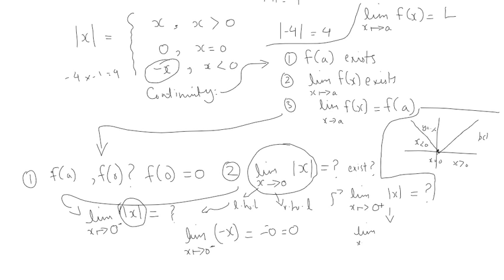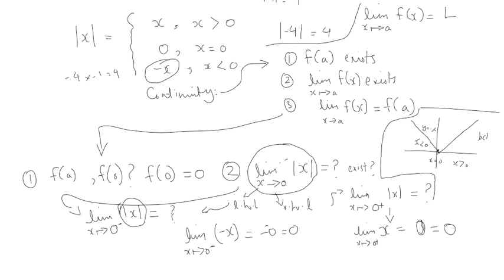So the right-handed limit would be re-expressed as the function that's representing x greater than 0, and that turns out to be y equals x. So absolute value of x is going to be replaced with x over here, and we will simply plug in a 0 because it's a continuous function, and that turns out to be 0, and the limit is 0 at this point.